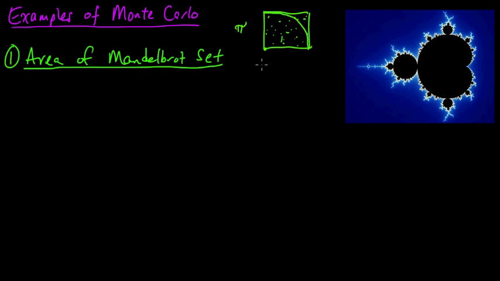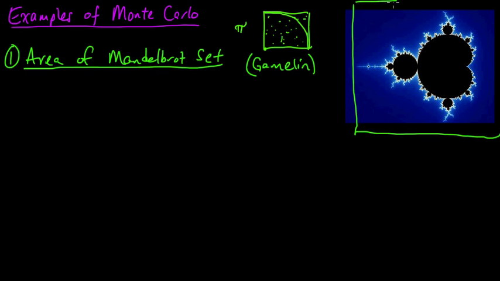And so I looked that up. I know that from Gamelin. Gamelin has an excellent little textbook on complex analysis. And another thing which Gamelin tells us is that the Mandelbrot set is contained in the square from -2 to 2.